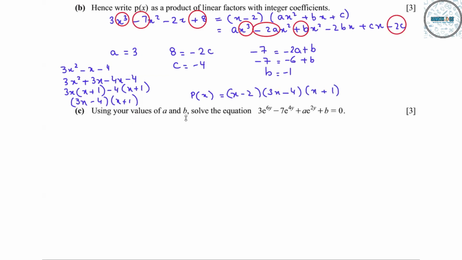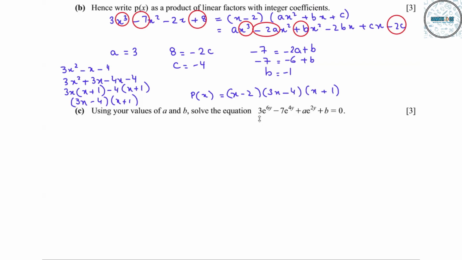Part C, using your values of a and b, solve the equation 3e power 6y minus 7e power 4y plus a into e power 2y plus b is equal to 0. If you compare this expression with the expression which was given in the question as p of x, like 3x cubed minus 7x squared minus 2x plus 8, it is the same.